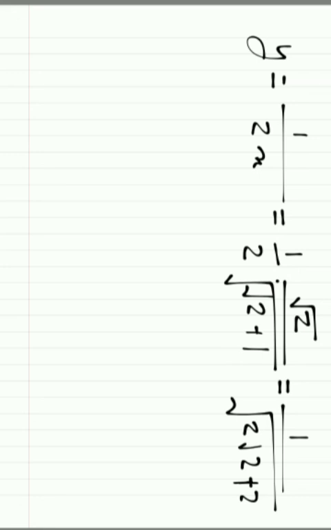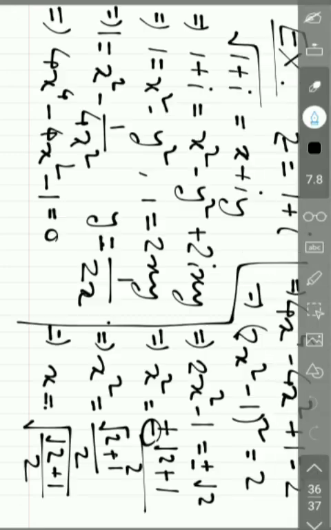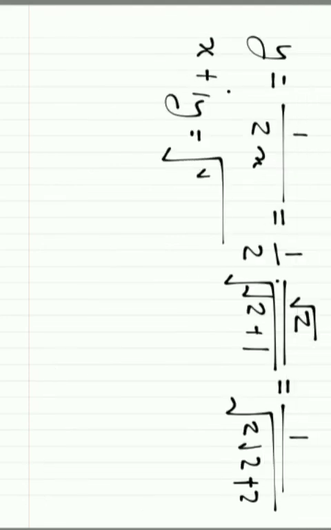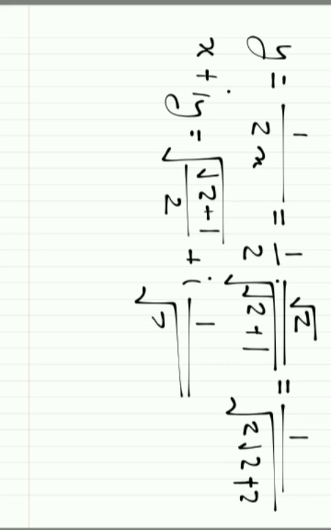So this we will obtain, and finally we can write the number x plus iy as root over of (root 2 plus 1) by 2 plus i into the value of y, that is 1 by root over of 2 root 2 plus 2.